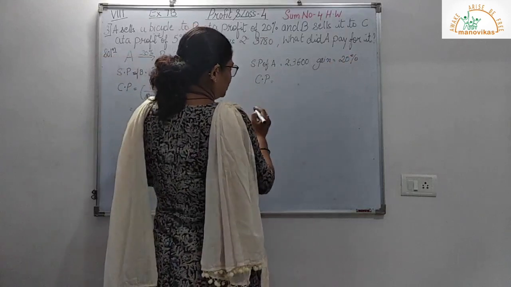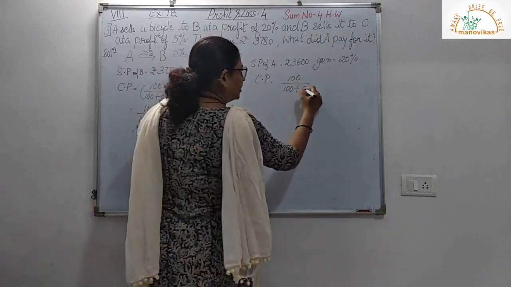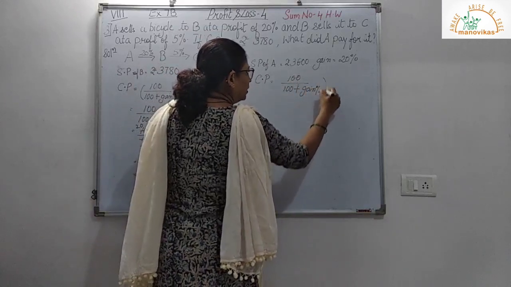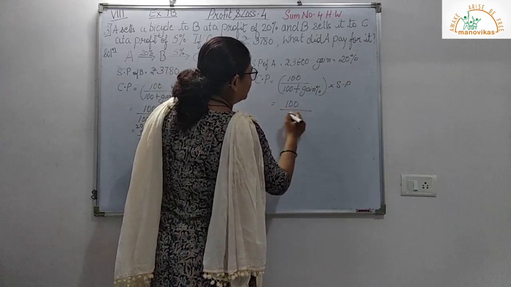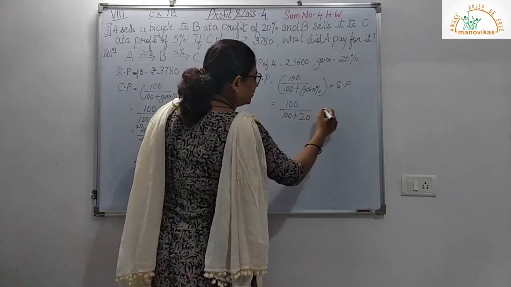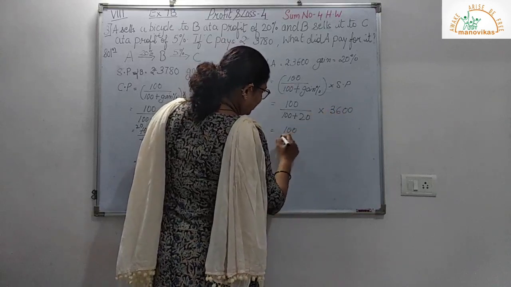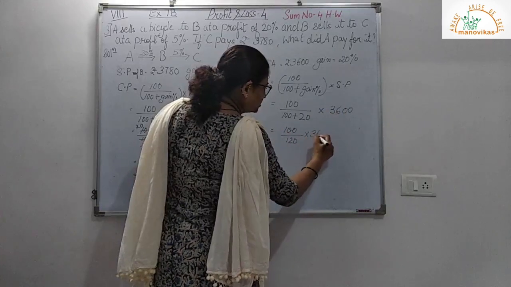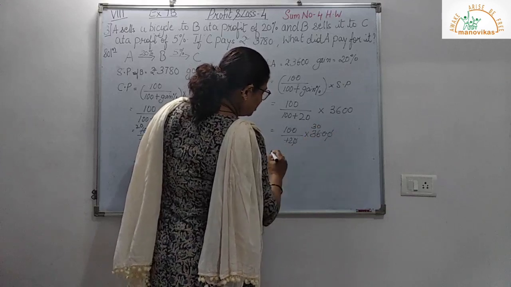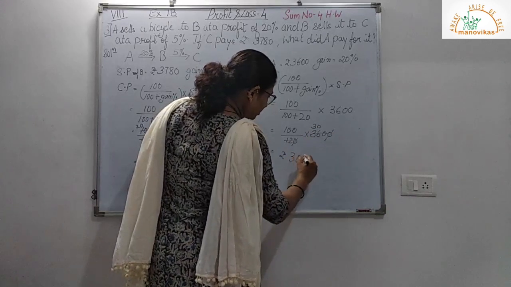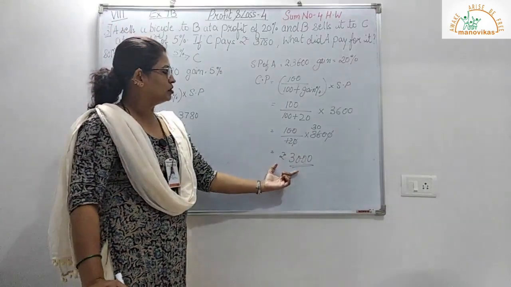So cost price is equal to 100 divided by 100 plus gain percent into selling price. So this is 100 upon 100 plus 20 into selling price, that is 3600. So I get it as 100 divided by 120 into 3600. So 00 gets cancelled. 12 1s are, 12 3s are, which is equal to rupees 3000. So therefore A pays rupees 3000 for it.